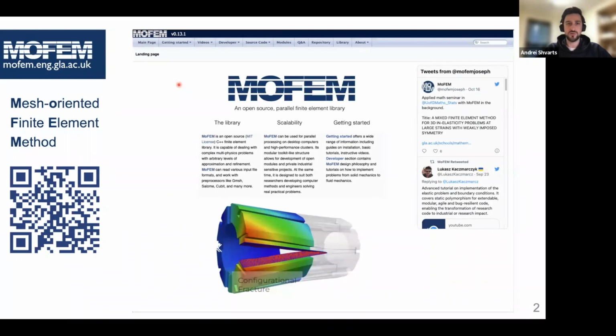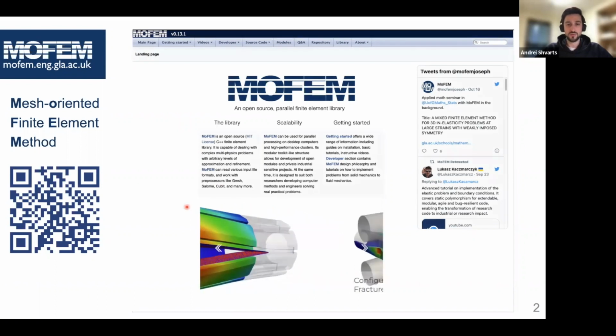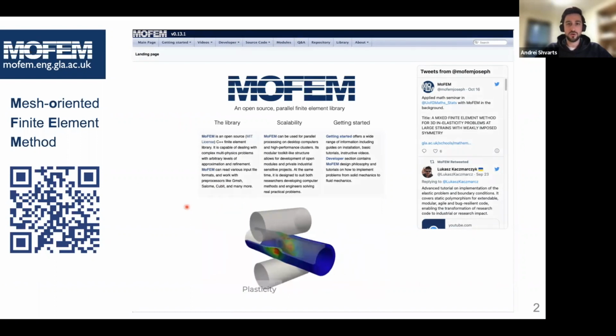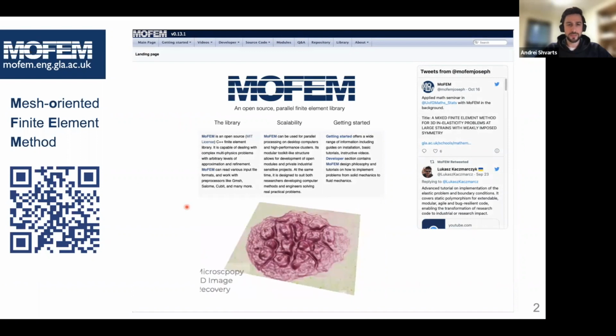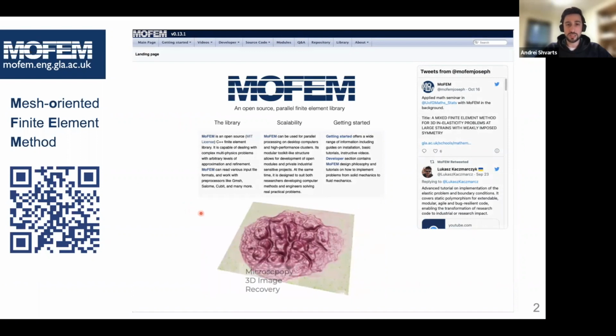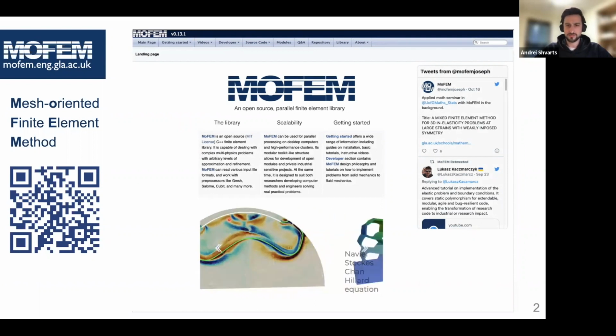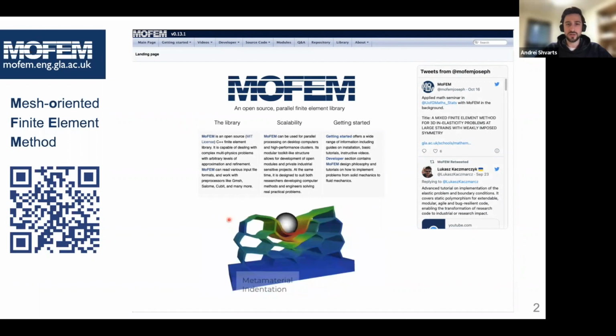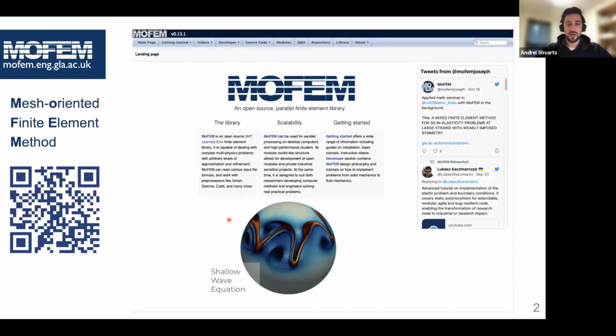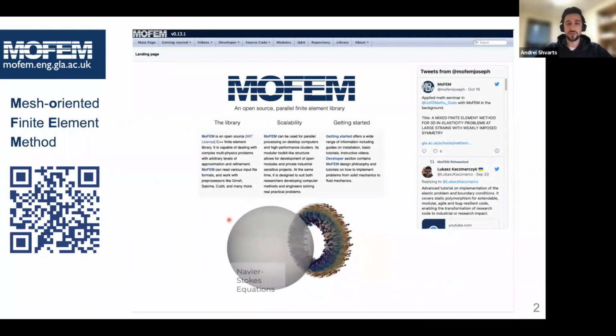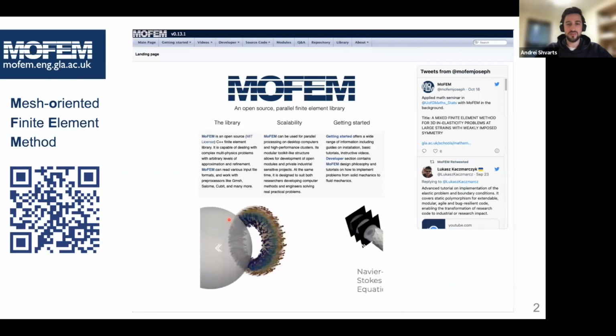It shows lots of useful information about the code, but also it will highlight some of the applications. For example, here, problems of fracture. Here it's metal forming with plasticity, or some simulations of cells using 3D images, various multi-phase problems, metamaterials and their indentation, even simulation of atmospheric currents, various flow problems described by Navier-Stokes equations.